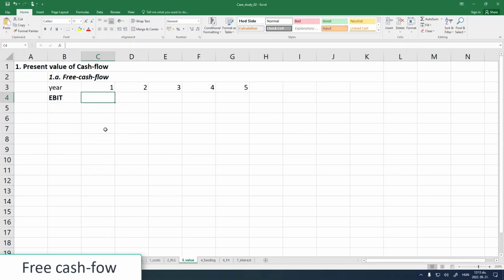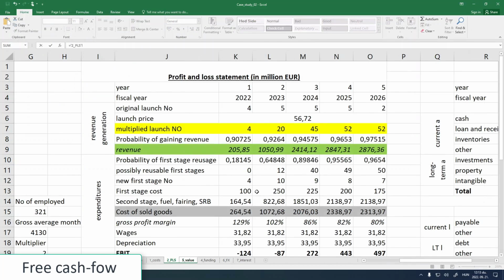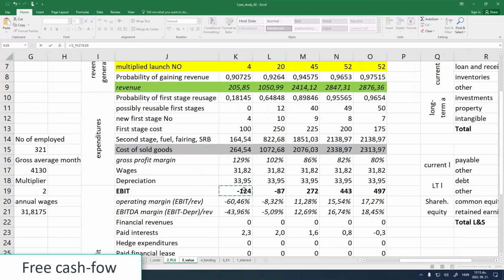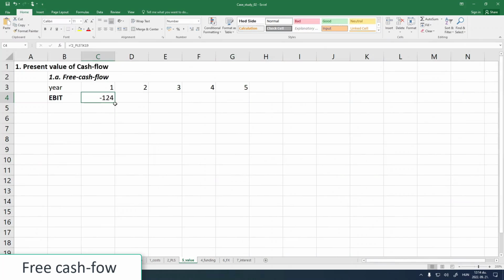And the EBIT will come from the profit and loss statement sheet. So here you are, from K19. In the previous years, we always did it in MATLAB, and it was way harder.